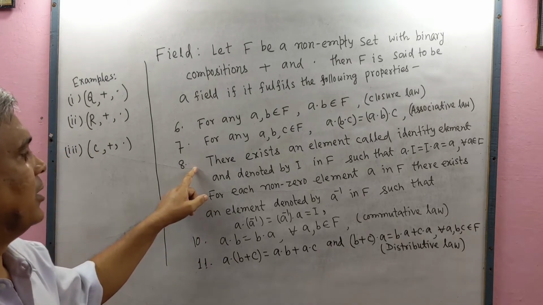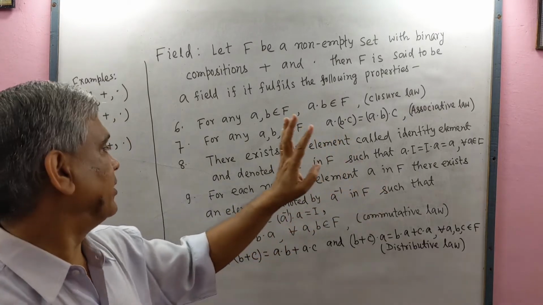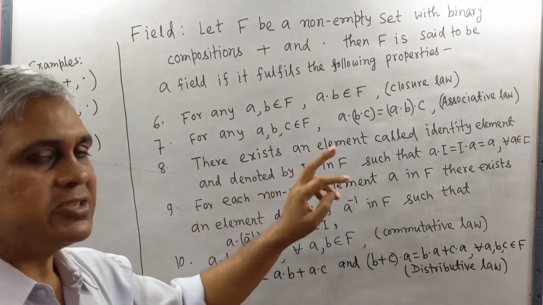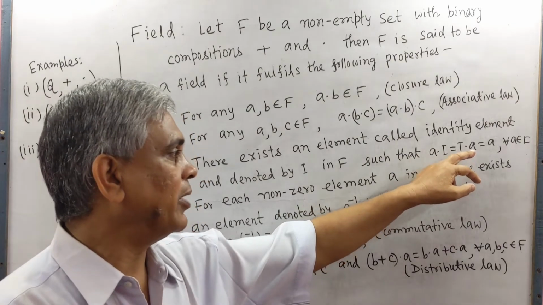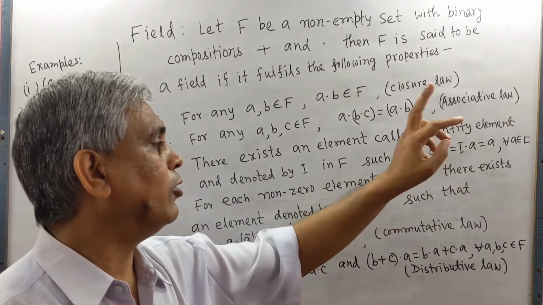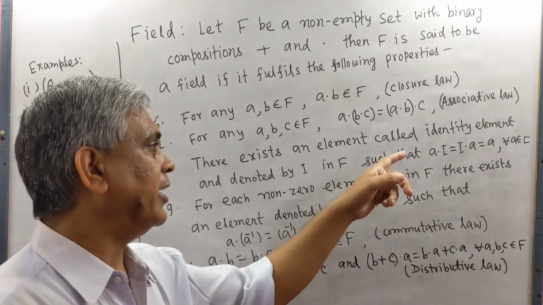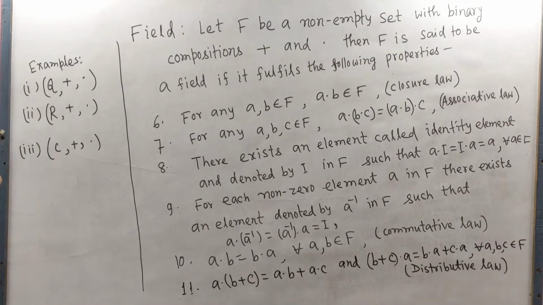Number 8: there exists an element called the identity element, denoted by I, in F, such that A multiply I equals I multiply A equals A for all A belongs to F. This is the existence of identity element or unit element.